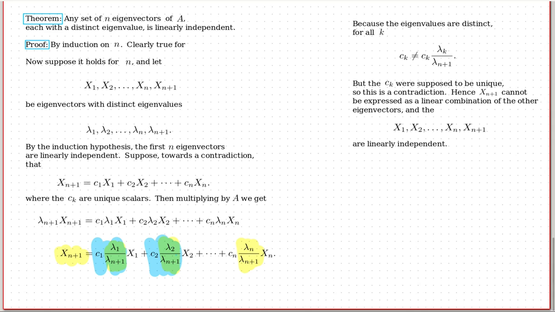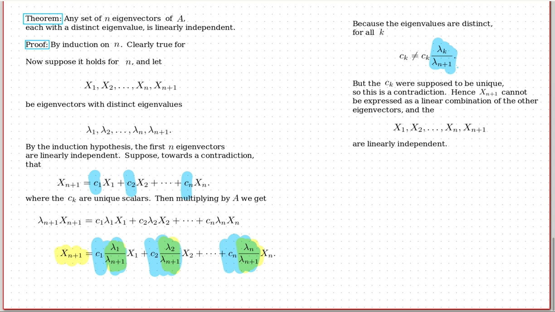Right? So now the point is, compare the coefficients here that we use to express x(n+1) in terms of the first n eigenvectors with the coefficients we used up here, c1, c2, cn. They can't be the same coefficients because these ratios, lambda k over lambda(n+1), that relate ck, the old coefficients, to the new coefficients, are never equal to 1, right?